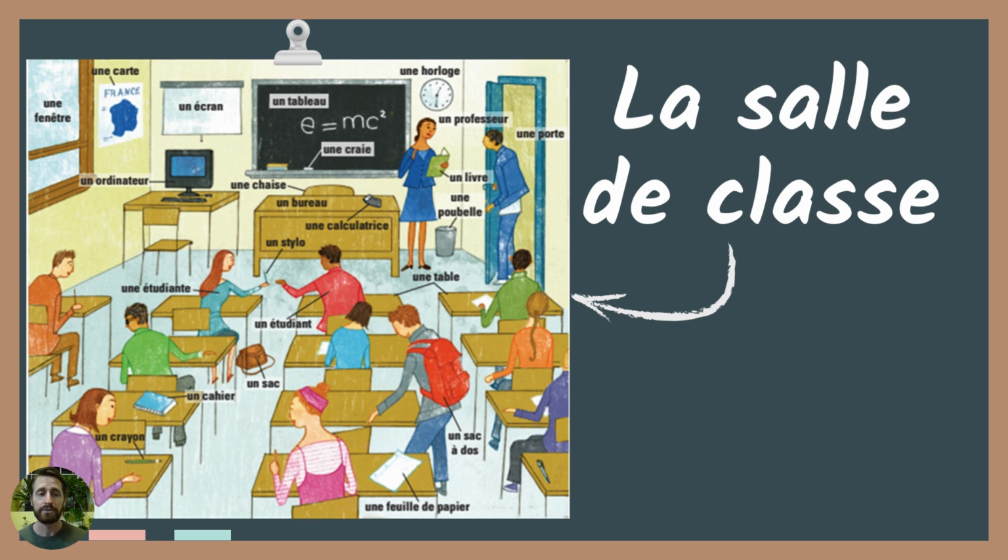We have une étudiante et un étudiant for the masculine version of that. So take a moment here, take any notes that you need to, and once you're ready, then we can move on to the next portion.